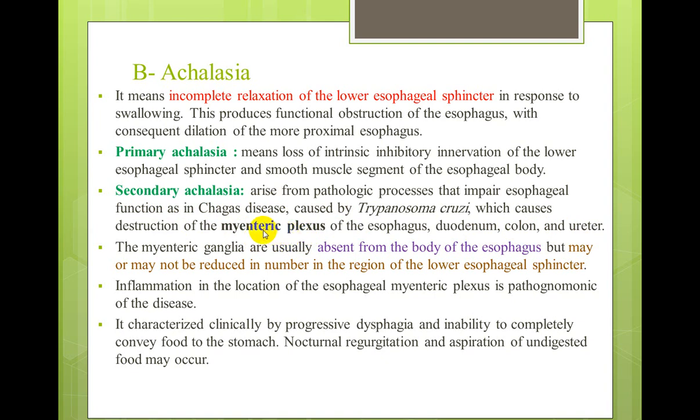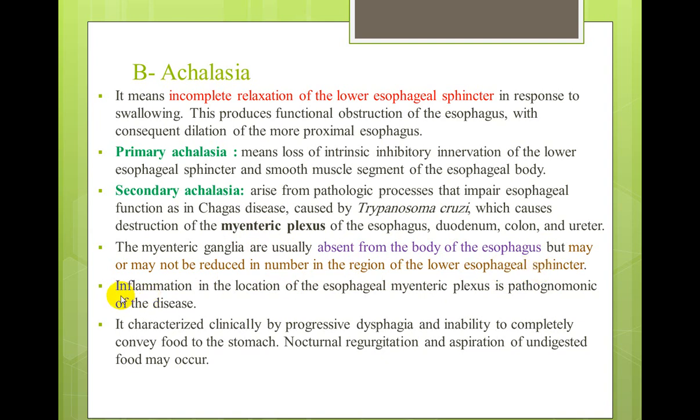Okay, so there is absence of the myenteric plexus from the body of the esophagus, but it may be reduced in number only in the region of the lower esophageal sphincter, so it is still functional.